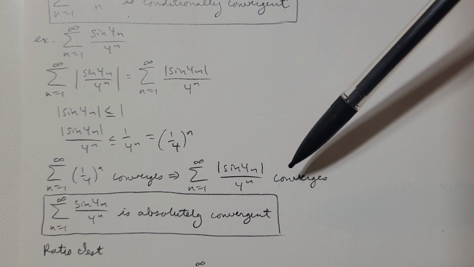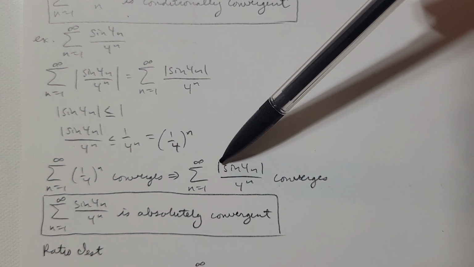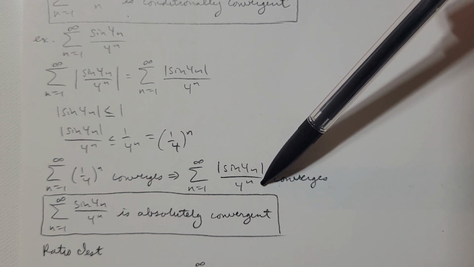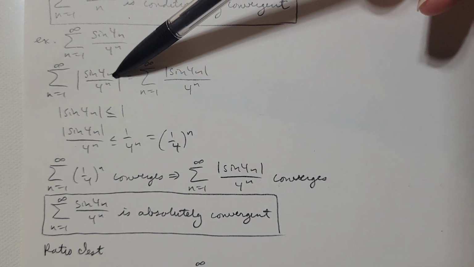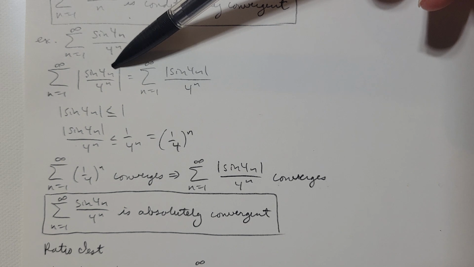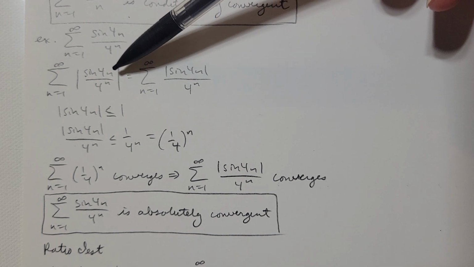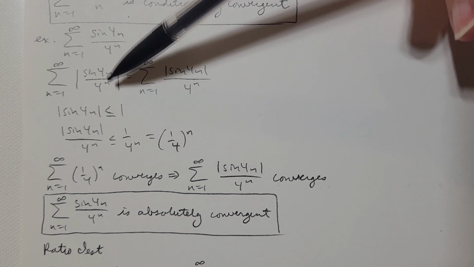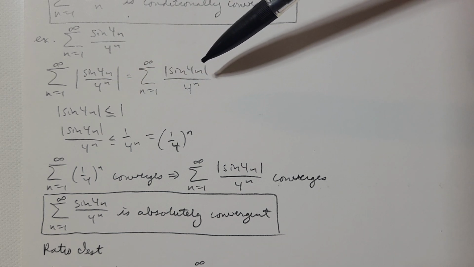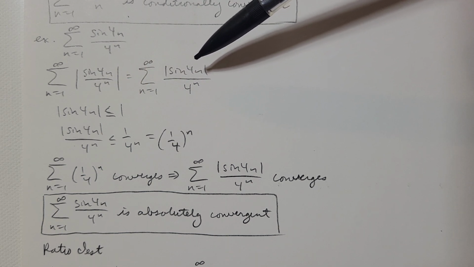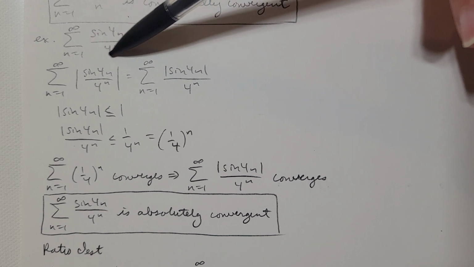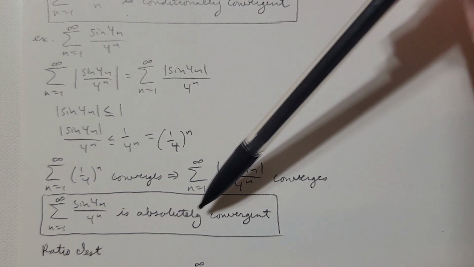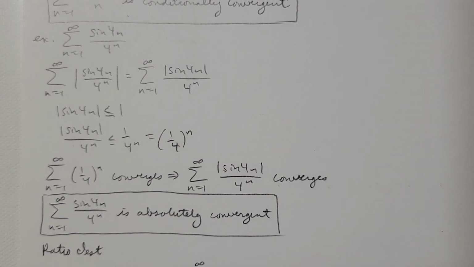So I'm saying that the series of absolute values, the summation as n equals 1 to infinity of the absolute value of sine of 4n divided by 4 to the n, converges. And so the original series, I can call absolutely convergent.